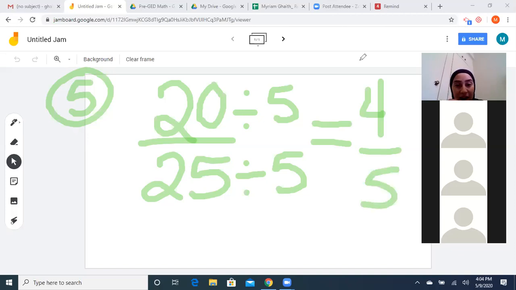We chose 5 because that's the highest number that can go into both 20 and 25. Whenever you want to reduce, look for the highest number divisible by both of them. Why? Because if I find the highest number that I can divide into both numbers, then I can get the most reduced answer in my fraction.